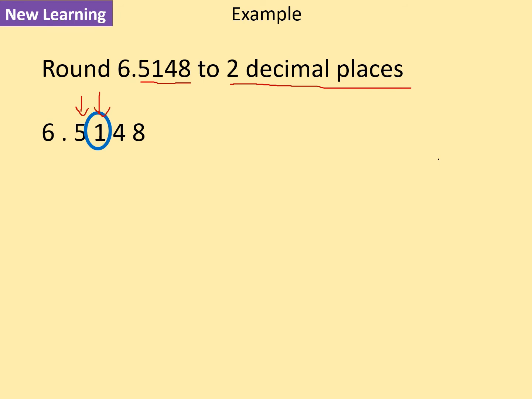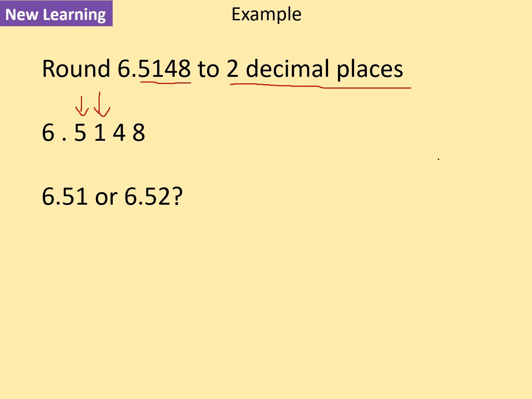So 1, 2, so it's the 1 in this case. Now I'm thinking, when we round this number, is it going to become 6.51, because there shouldn't be 4 numbers after the decimal point, or will it be 6.52? It's going to be one of those 2 numbers.